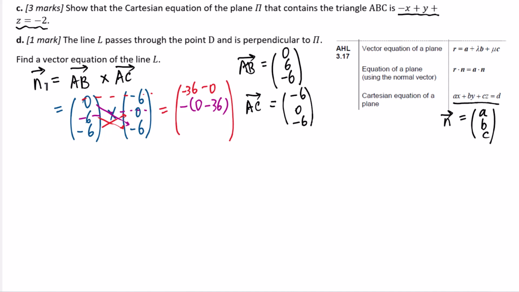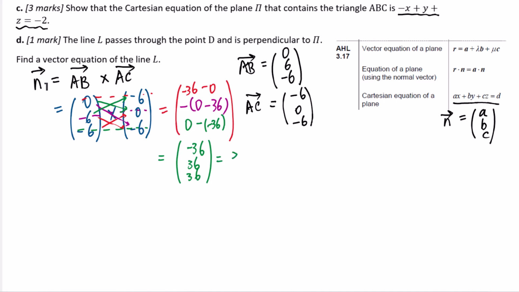Cross out the third row. 0 times 0 is 0 minus 6 times -6 is -36. Answer: -36, positive 36, then positive 36.